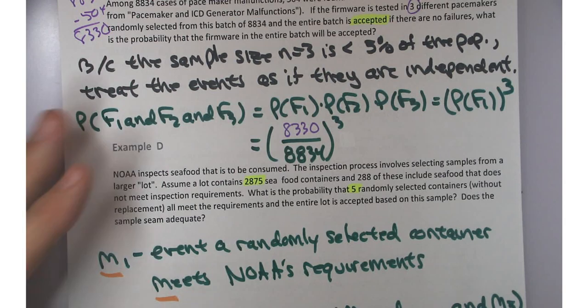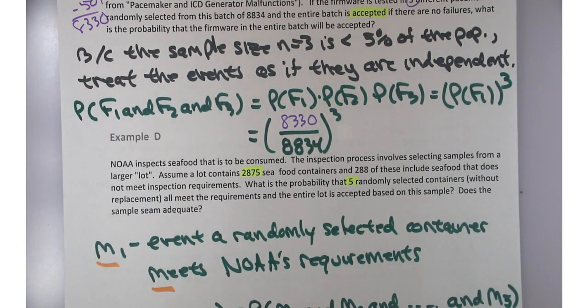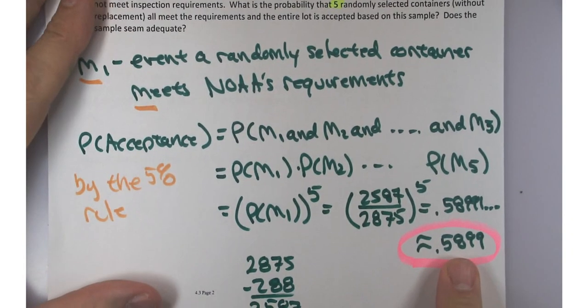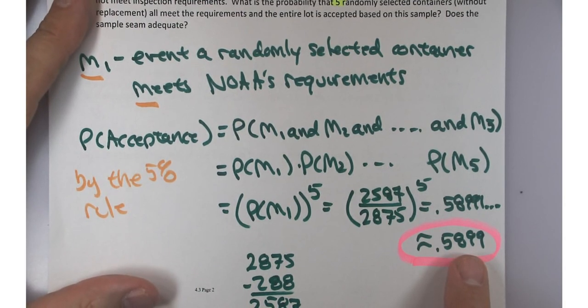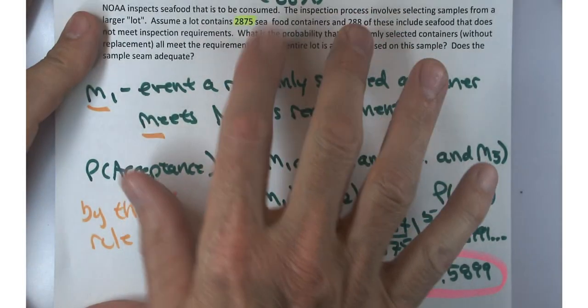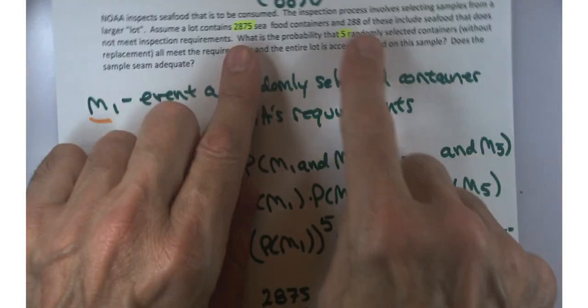So 0.59 means that it's a 0.59 probability of one of the random 5 we selected, which we extrapolate to the whole. The 288 is 10% of the whole. Yeah. So the 10% that I was citing really has nothing to do with our probability calculation.